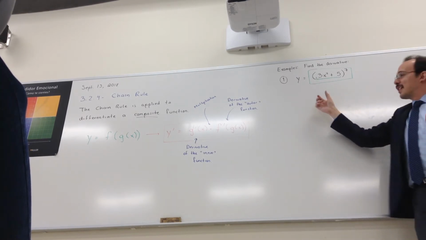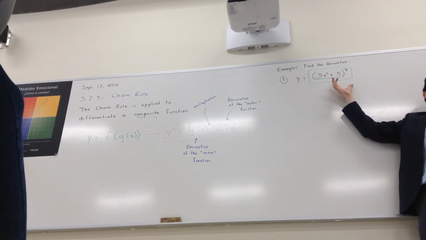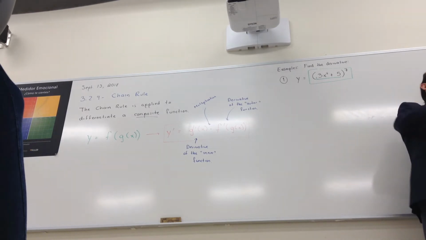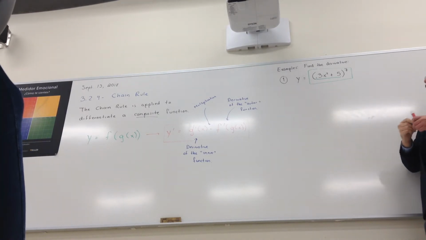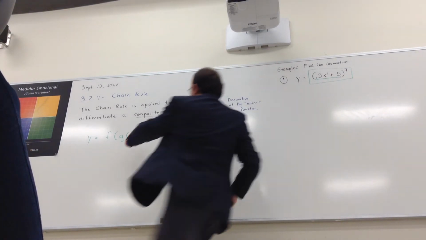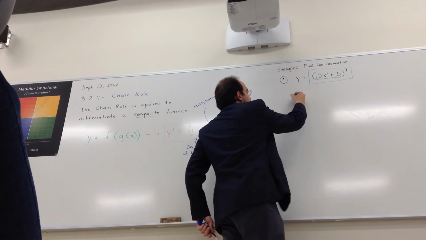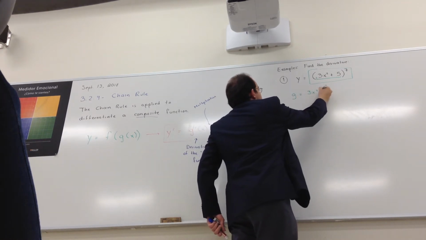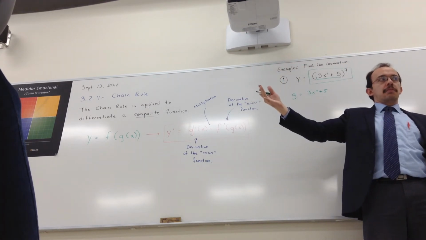In this case, if we want to solve this, we cannot do it directly. We're going to decompose the function first and then apply the formula. Let's identify which one would be my g of x here: 3x squared plus 5. And then we have the f, the bigger function.